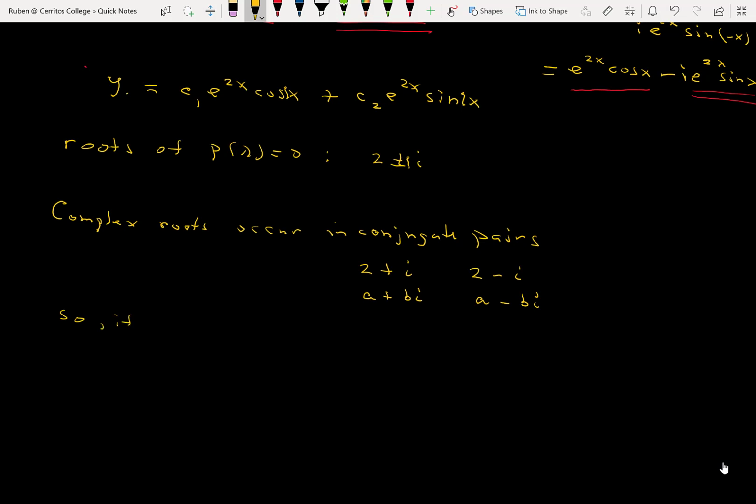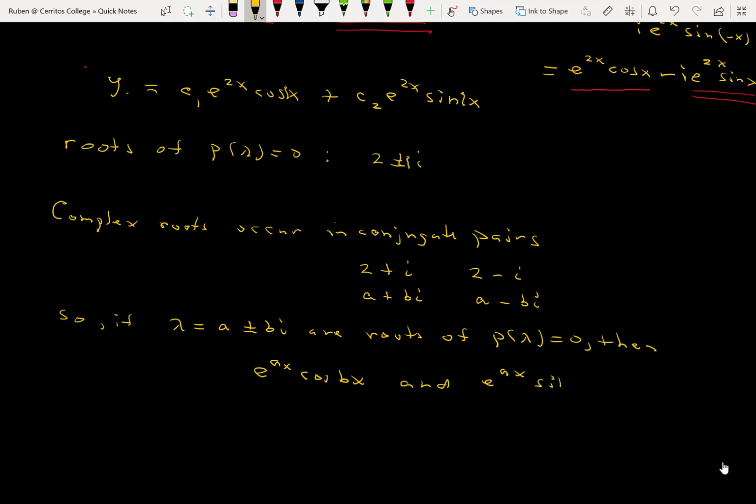So if lambda equals a plus or minus bi are roots of P of lambda equals 0, then e to the ax cosine bx and e to the ax sine bx are linearly independent solutions.